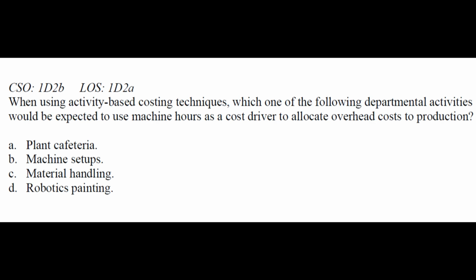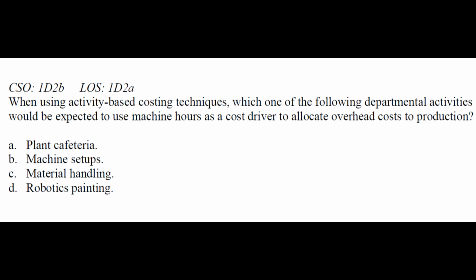This question tests understanding of activity-based costing, ABC, and, more specifically, the selection of an appropriate cost driver for a given activity. Key concepts. In ABC, overhead costs are assigned to products based on activities that cause the costs to be incurred. Each activity has a cost driver, which is a measurable factor that best explains the consumption of resources.